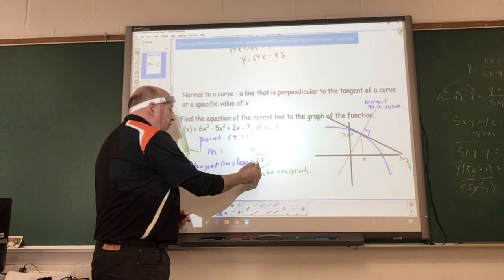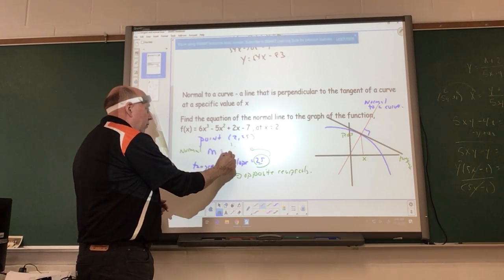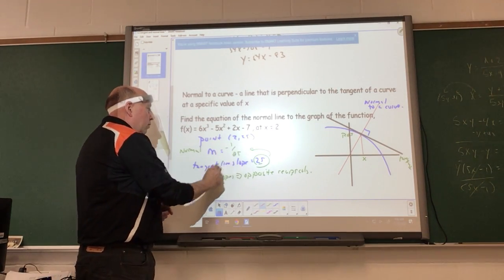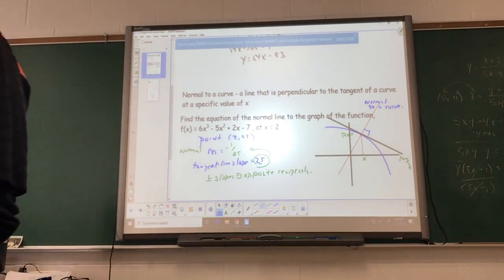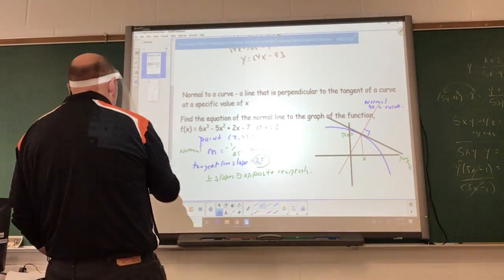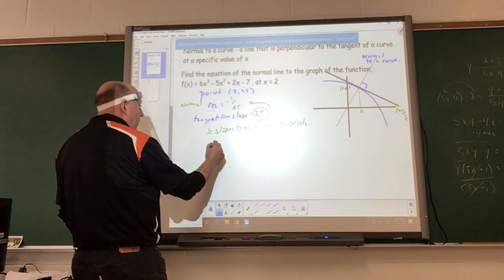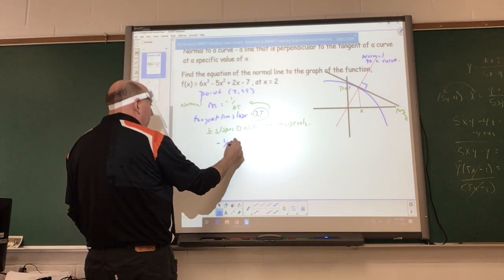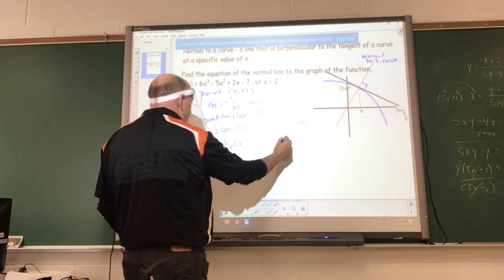Well, I have 25. If I make that the reciprocal, I have 1 over 25, and we throw a negative in with that. And that would give me my opposite reciprocal. So we have negative 1 over 25, x minus 2 is equal to y minus 25.